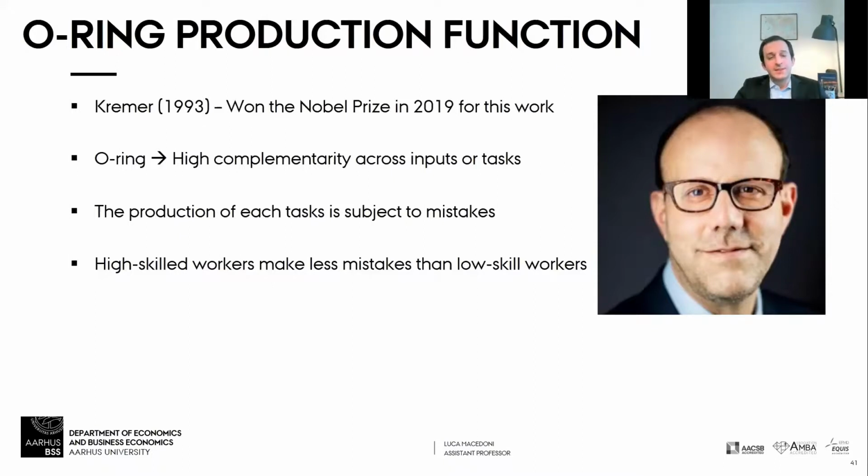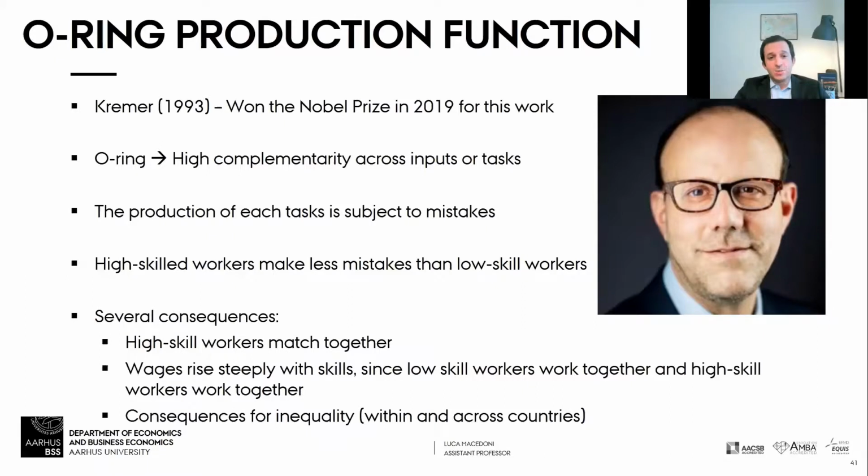When you apply this to the field of development or income inequality, you actually find something very interesting. You find the high-skilled workers matched together. Imagine that there was a soccer team with 10 Cristiano Ronaldos and 1 Luca Macedoni. In this particular framework, that team was just as good as me. Okay, so there's no point in having the Cristiano Ronaldo.